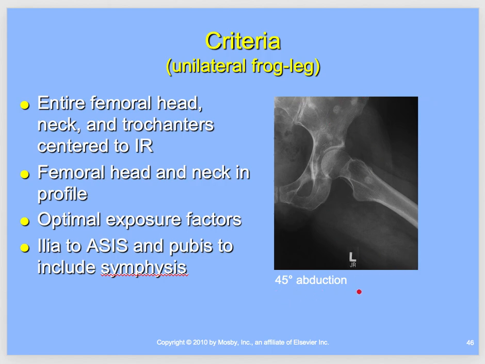And this is a 45-degree abduction, so 45 can be anywhere from 20 to 30 degrees, 45 or 90 if at all possible, just depending on what your patient can handle. And keep in mind it's non-trauma, so there is no trauma to that. You're just doing a frog leg.